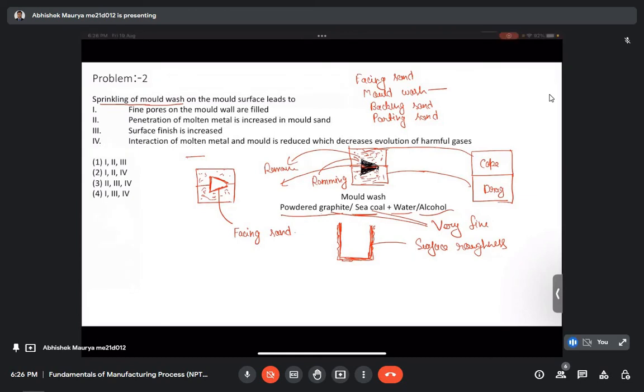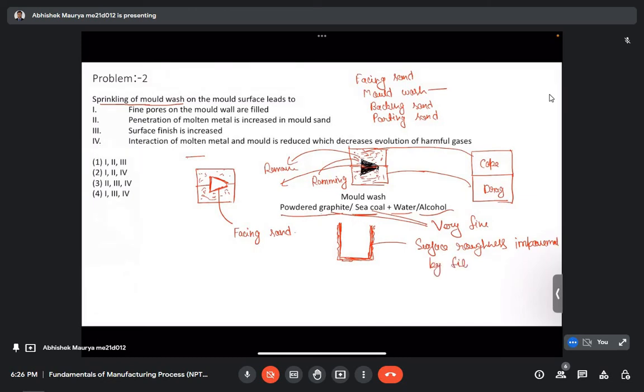They improve the surface roughness by filling pores of the mold wall. This is the one function.